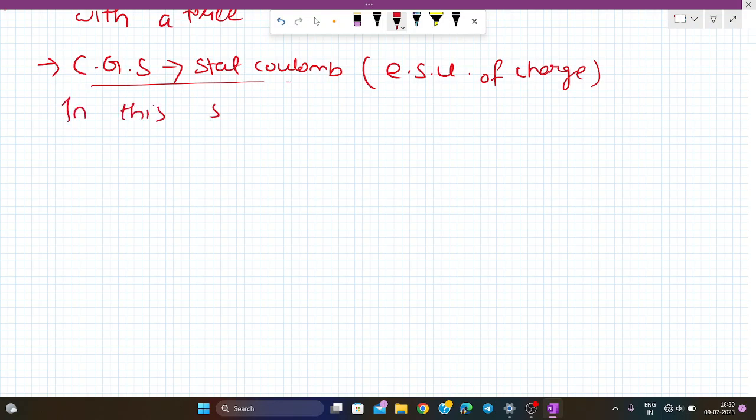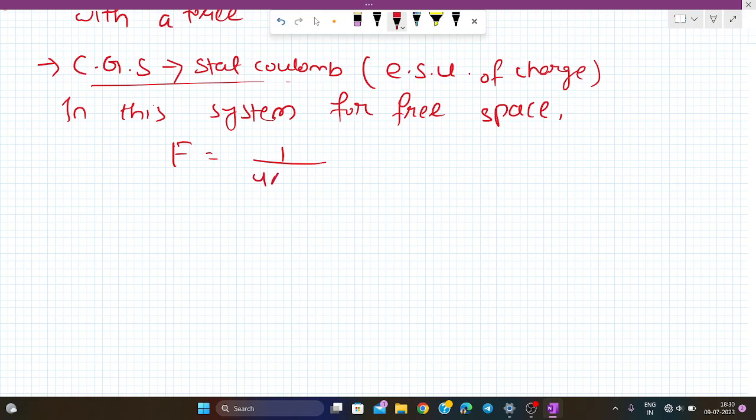I will make it so simple for you. In this system, for free space, F is equal to 1 by 4 pi epsilon naught Q1 Q2 divided by R square, 1 by epsilon.